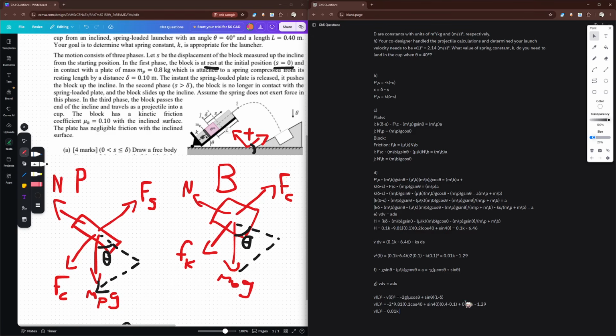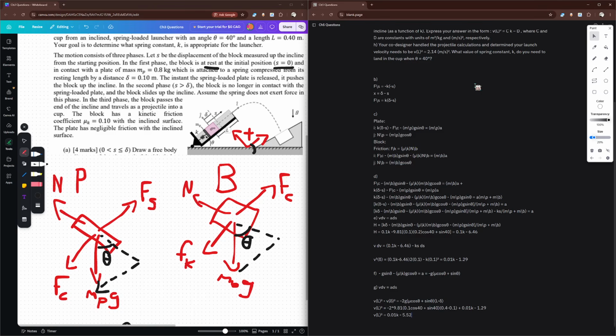So negative 2 times 9.81 times 0.3, 0.1 cos 40 plus sine 40 brackets, minus 1.29, which gives us negative 5.52, so minus 5.52. And that's a constant term.